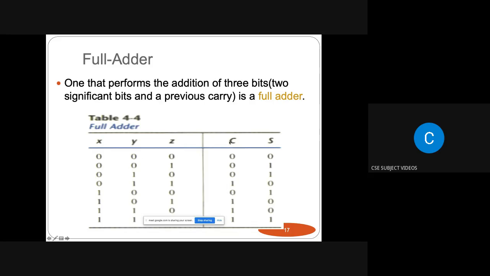The outputs are the same as half adder, sum and carry. For finding the sum and carry, we use the same binary addition principle which we used in the half adder. By applying the binary addition rule, we get the sum column and carry column like this.